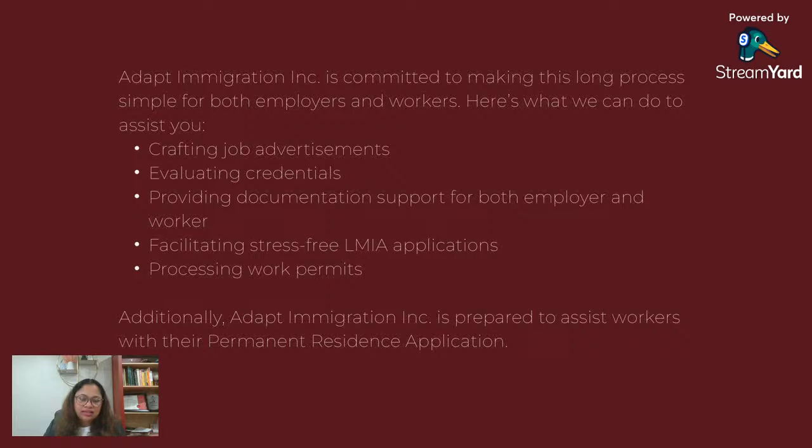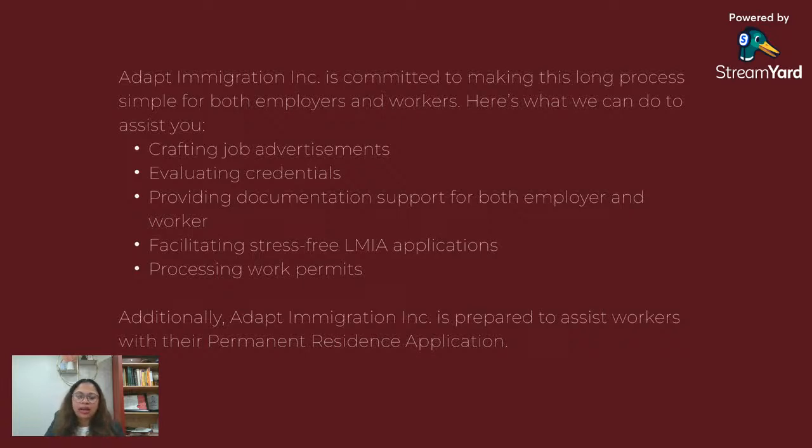Now, how does Adapt come into all of this? How can we help you with the process? We help both the employers and workers. First, with the employers, by crafting job advertisements that meet the requirements of the recruitment efforts for the LMIA application. We evaluate credentials and provide support for documentation for the employer and the worker.